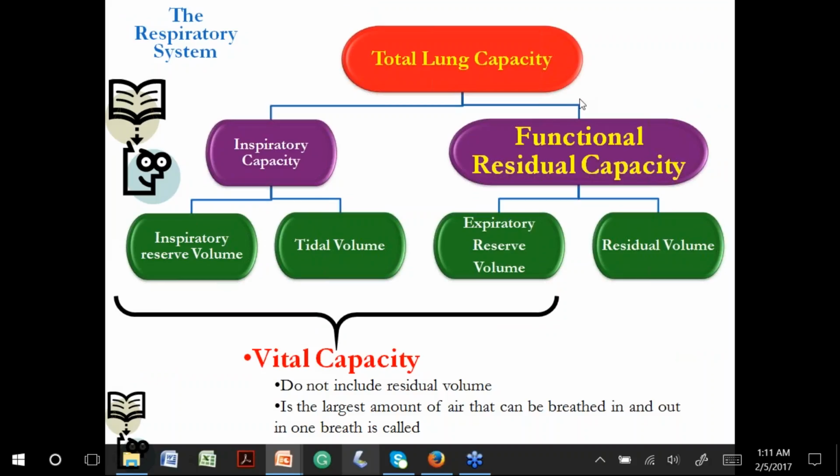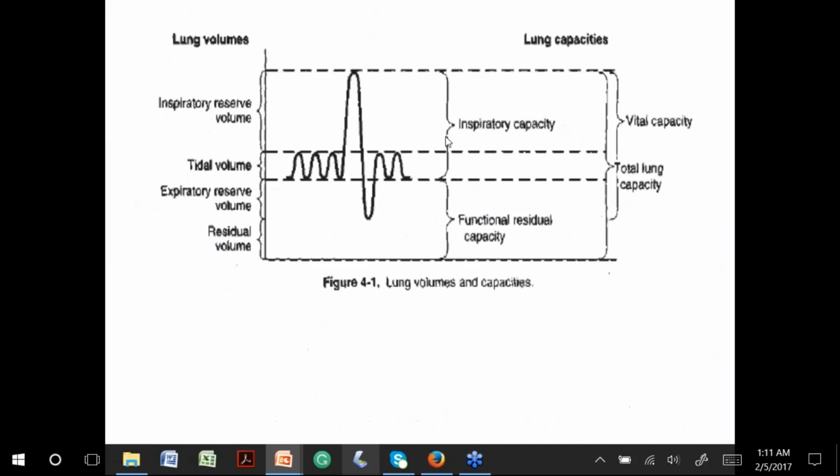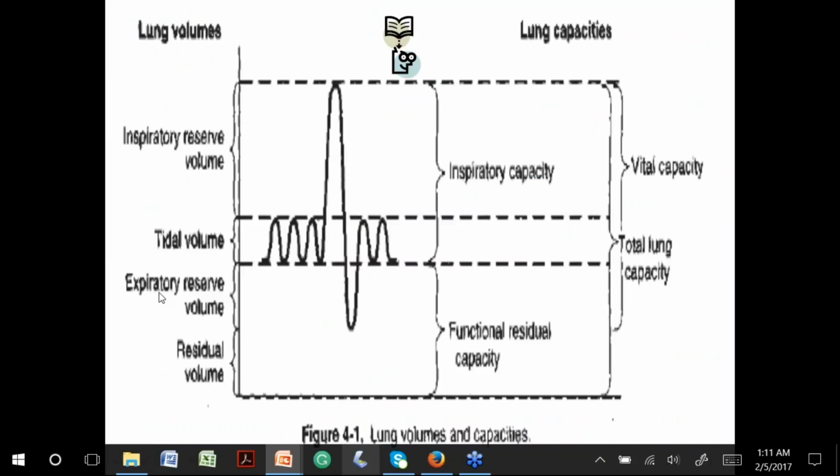All right, so then you're going to have here the forced inspiratory. Then we have the expiratory reserve volume, which is when you end the tidal volume and exhale all you can. But there is a space here that we still don't use.